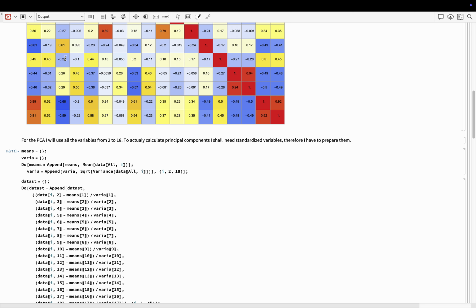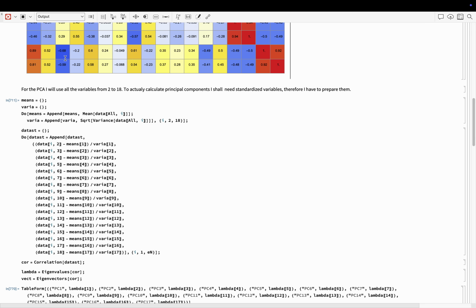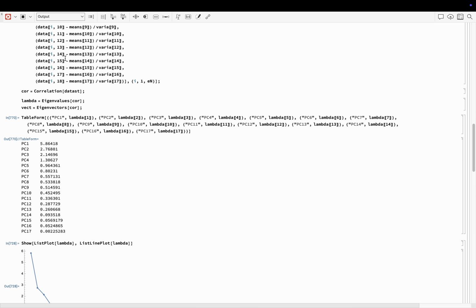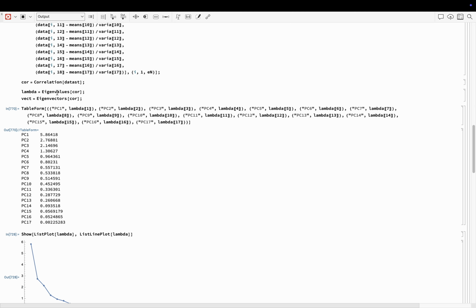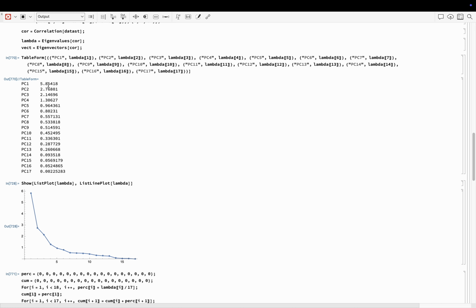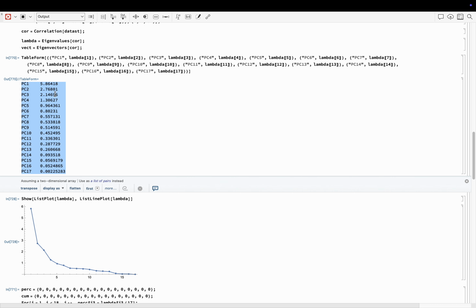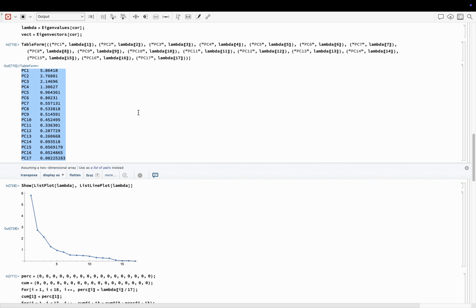As I said, first I standardize the variables and then I calculate a correlation matrix for the standardized variables, which is of course the same as a correlation matrix of the original variables. We look for eigenvalues and eigenvectors, and what we get is the following table of eigenvalues.